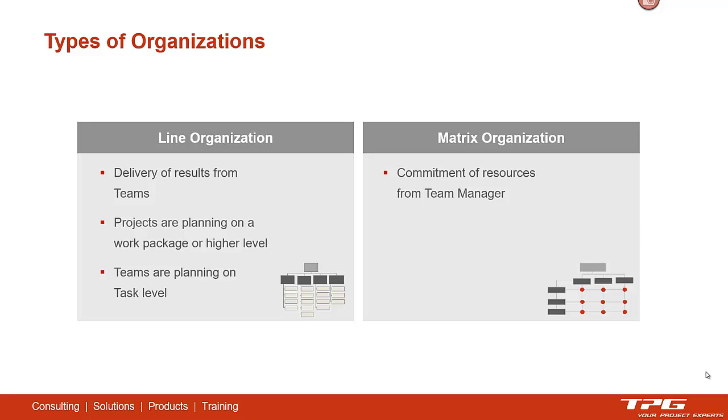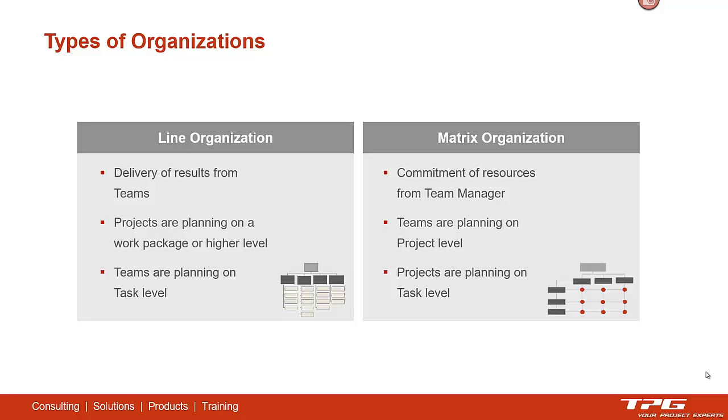Here the projects are requesting resources from teams, and these team managers are committing resources to the projects, but these teams are not planned on task level, they are only planned on project level, and the projects are planning down to the task level.